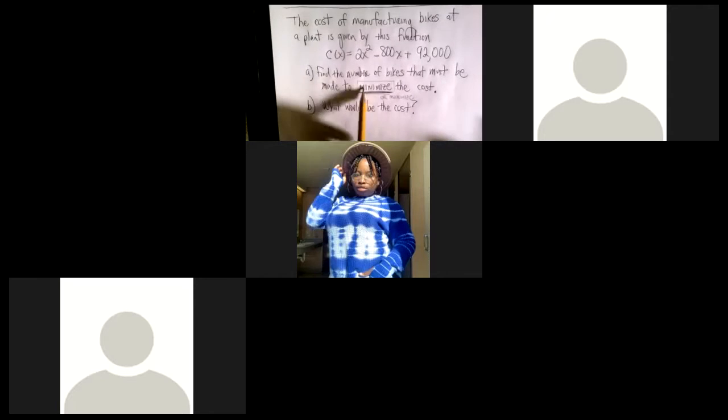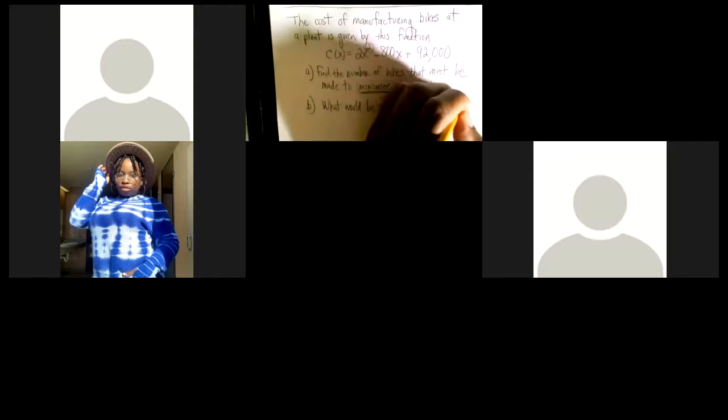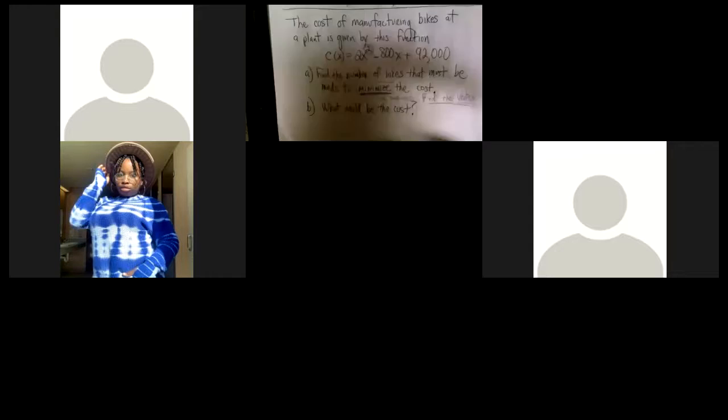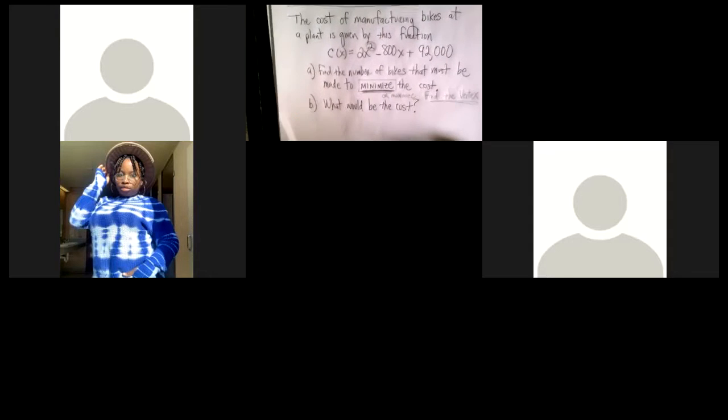When you see either one of these words in a problem with a quadratic, which is ax squared, you will find the vertex.